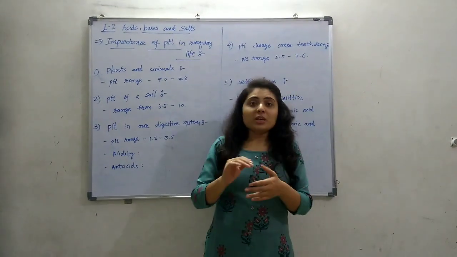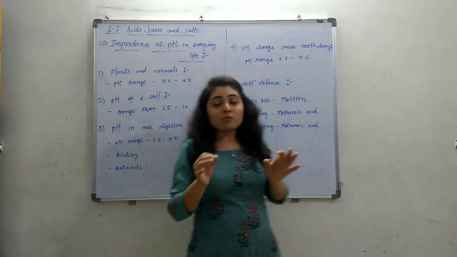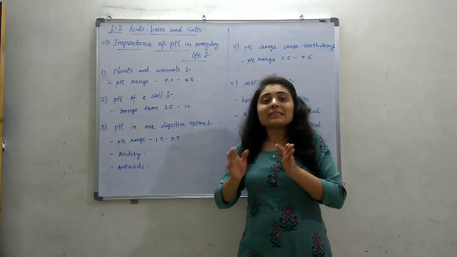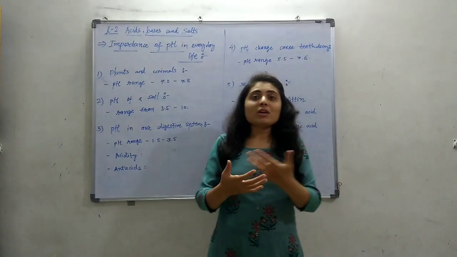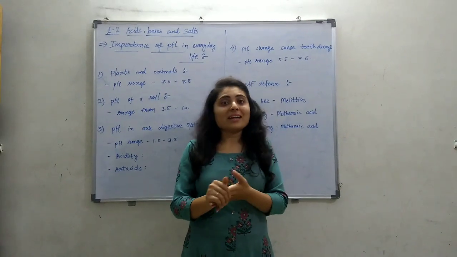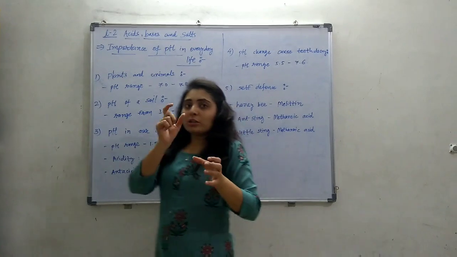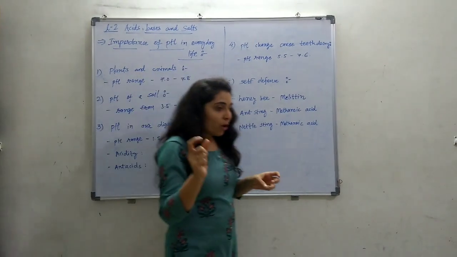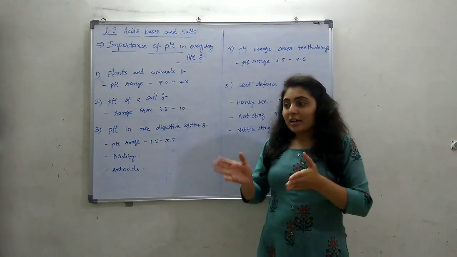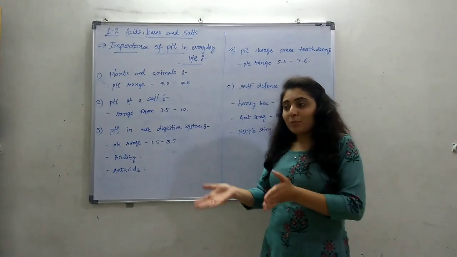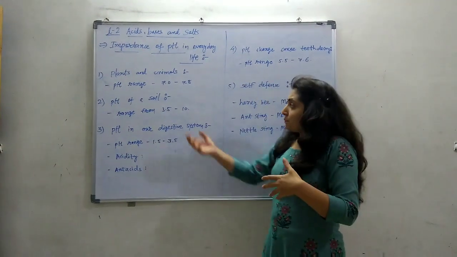If the pH value of river water is less than 5.6, then the survival of aquatic plants and animals is difficult. So by knowing the value of pH, we can identify whether the organisms are harmed or damaged or not.